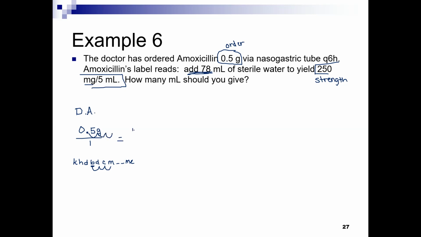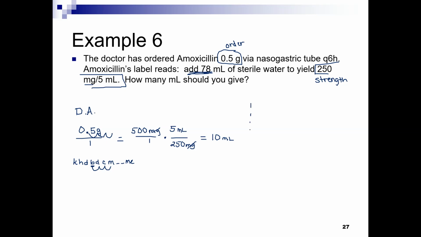So that converts to 500 milligrams as the order. I set up my second fraction with the 250 milligrams in the denominator so that it cancels milligrams. Then 5 milliliters is also part of the strength, so part of the same fraction. And then I do my math, and I come out with 10 milliliters.